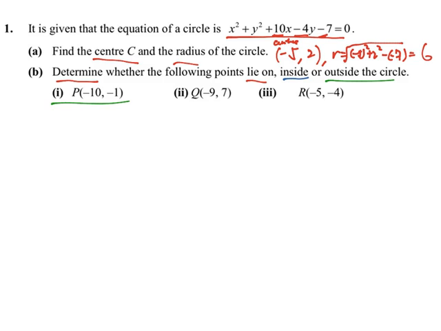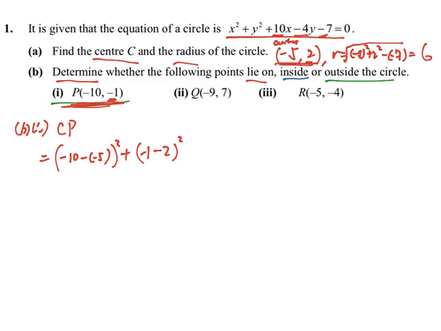So we find the distance from the center to P. It is negative 10 minus negative 5, squared, and then plus negative 1 minus 2, squared, and then we take the square root. After pressing the calculator, we get the square root of 34.